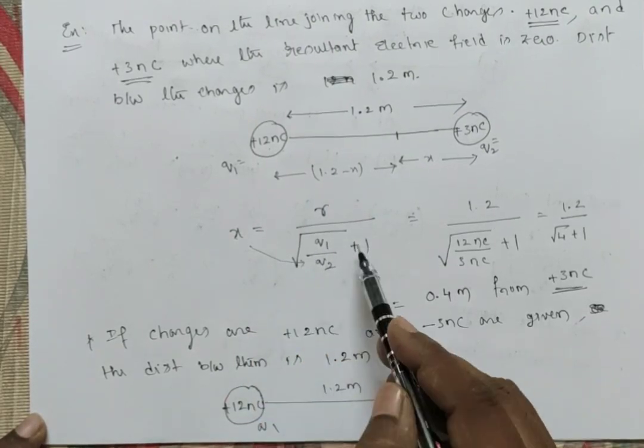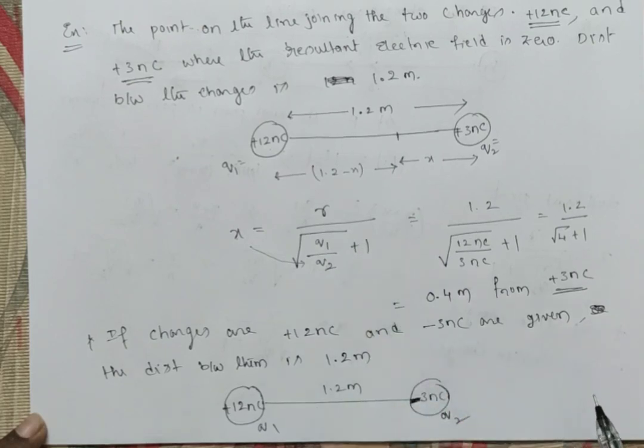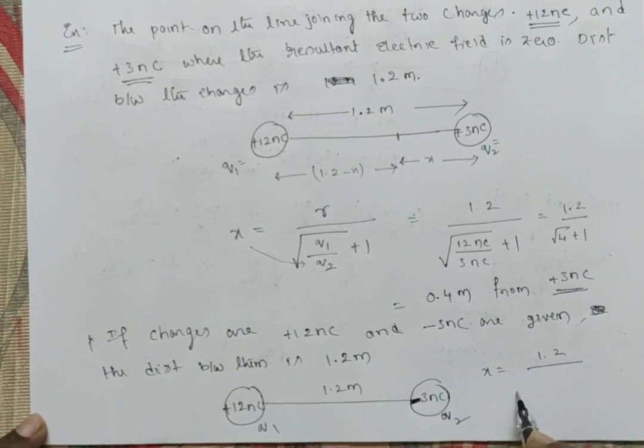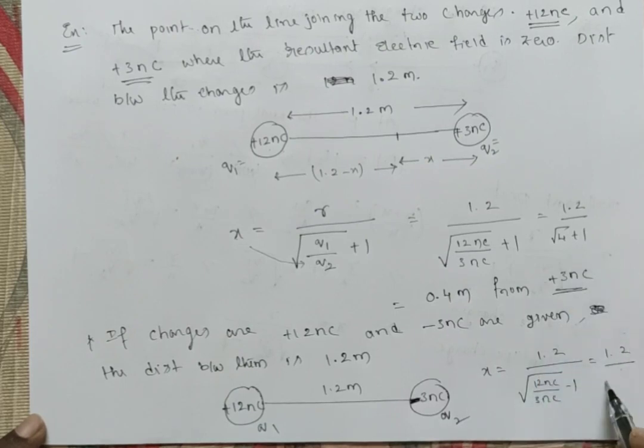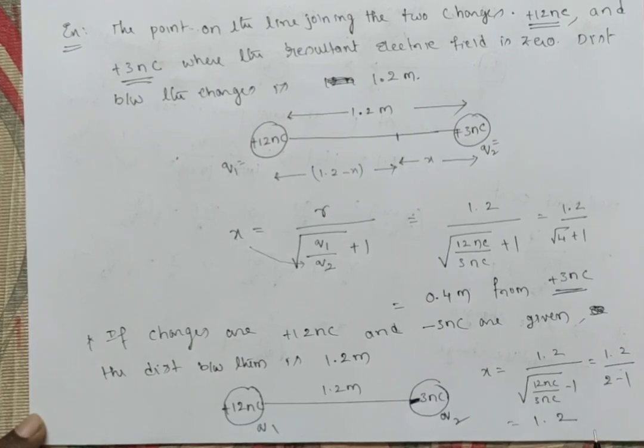Same formula, but you have to write minus. That's it. Then I am writing x is equal to 1.2 by the root of 12 nanocoulomb by 3 nanocoulomb, now minus 1. That is 1.2 by what? Root of 4 is 2, minus 1 means it is 1.2.